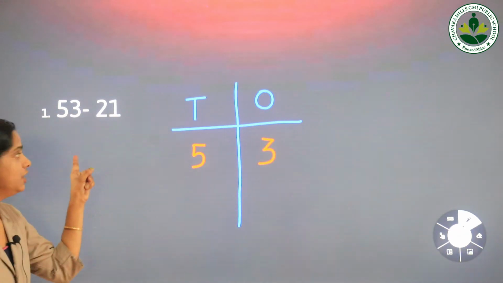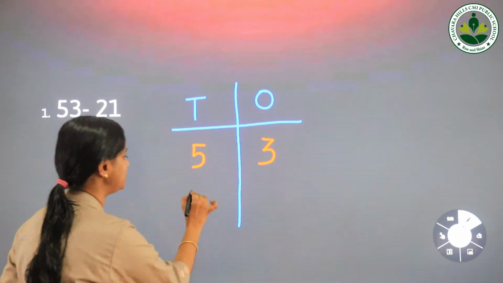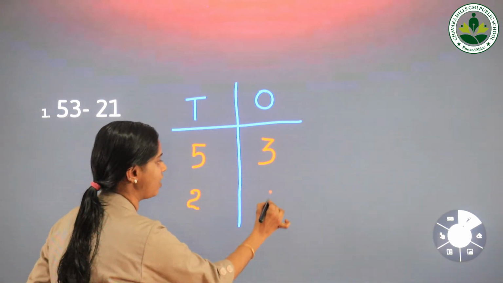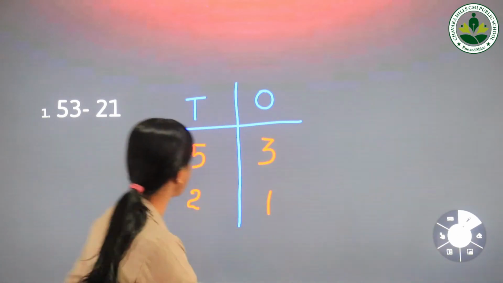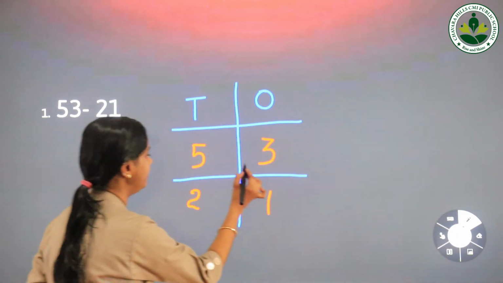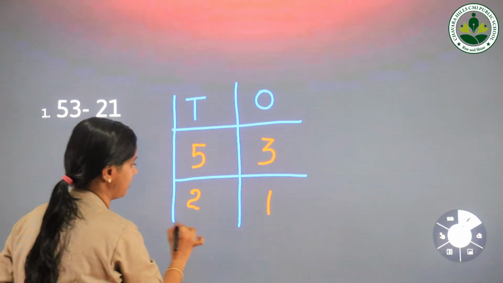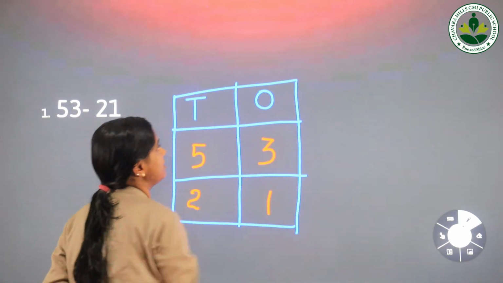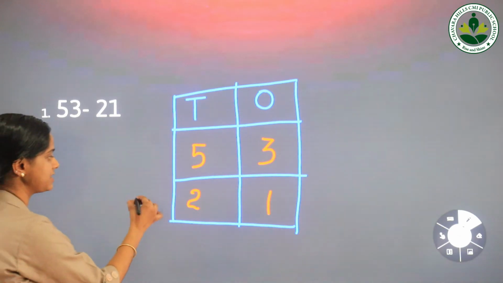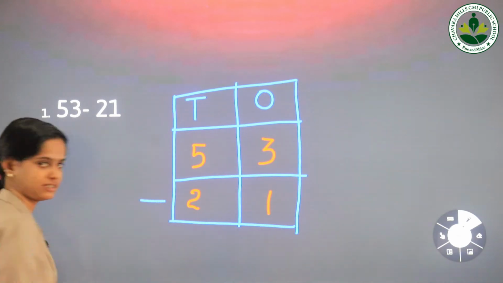And the number 21 has 2 tens and 1 one. Next, we put the subtraction symbol, that is the minus symbol.